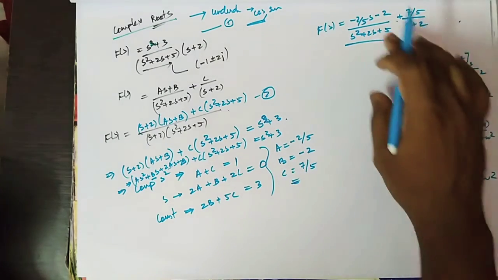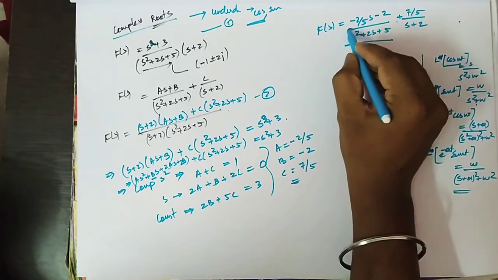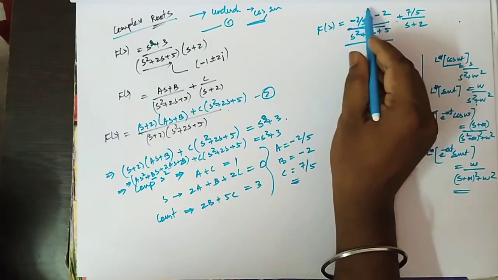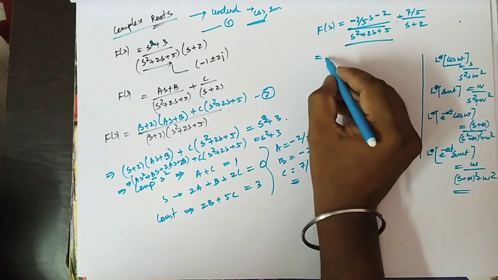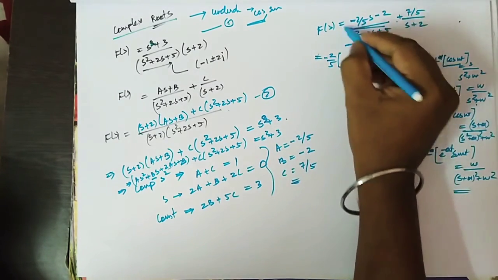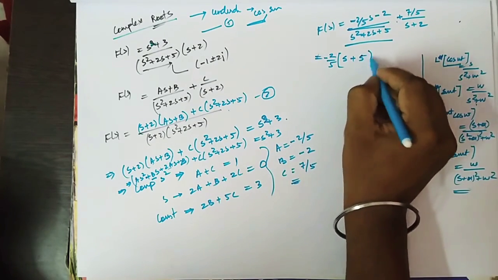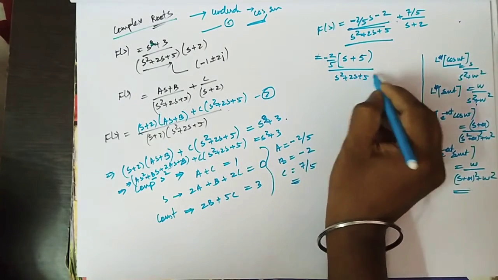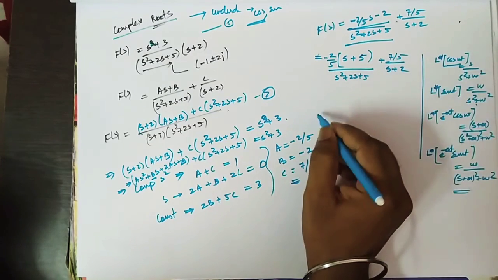So for that, initially separate this component. You need to keep the numerator in (s plus a) form. For that, take common minus 2 by 5 here. Then this term will be of the form (s plus 5) by (s squared plus 2s plus 5) plus (7 by 5) by (s plus 2).